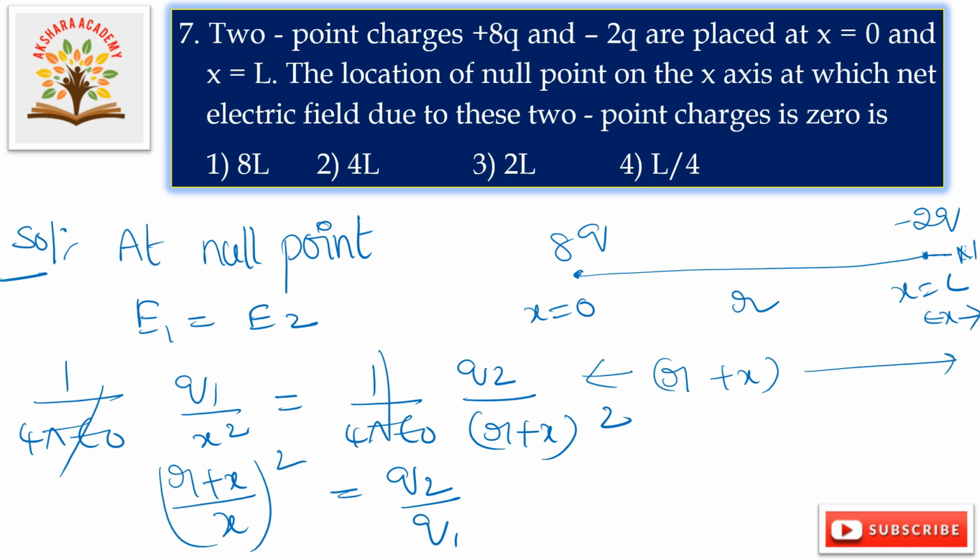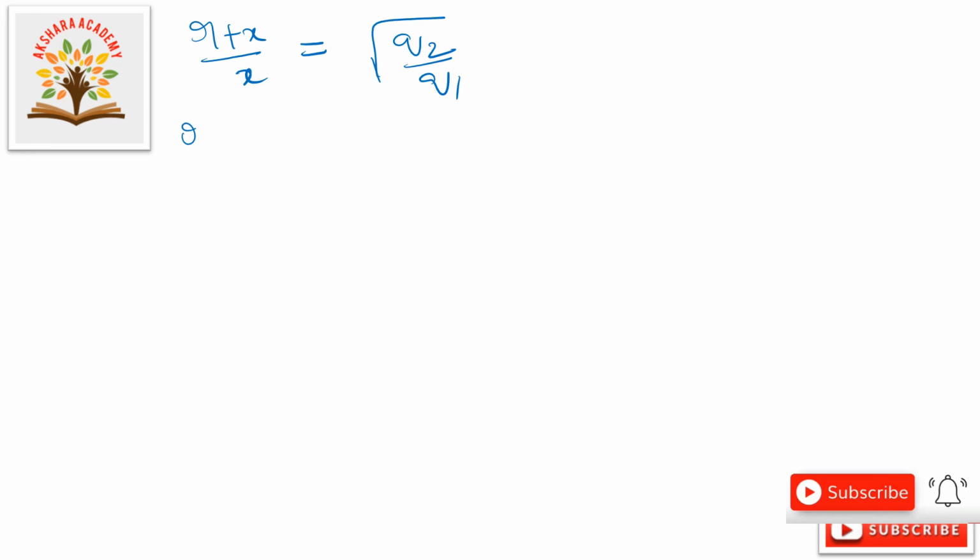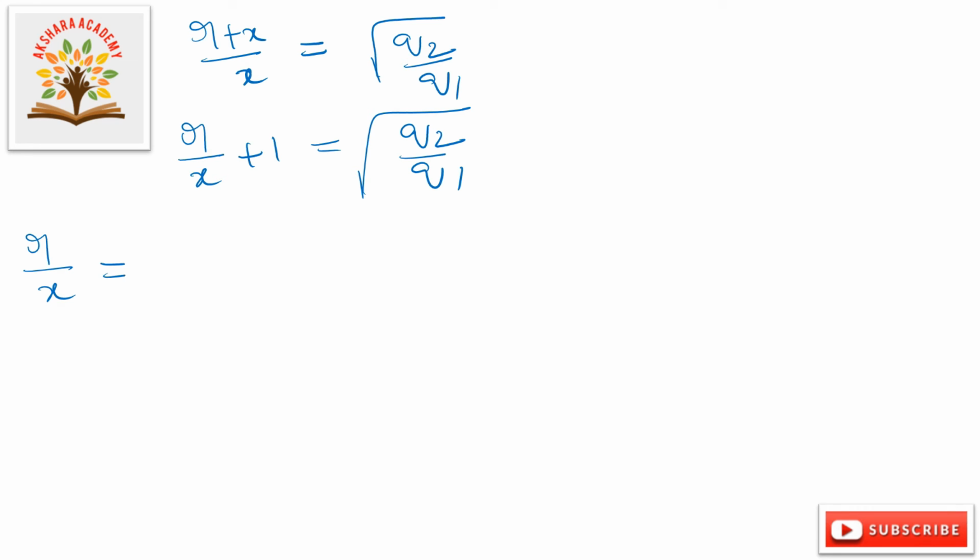Next, r plus x by x, square going that side, becomes under root q2 by q1. So r by x plus 1 is equal to root q2 by q1. So r by x is equal to root of q2 by q1 minus 1.